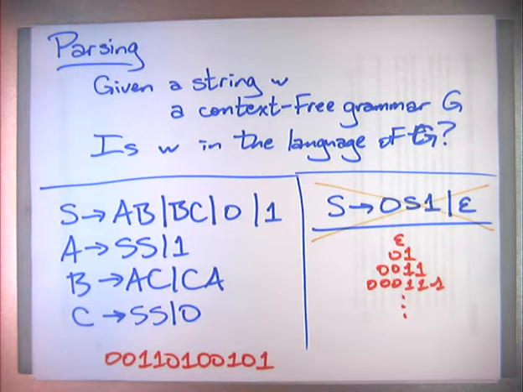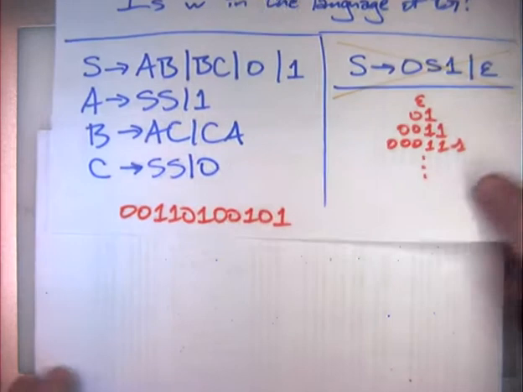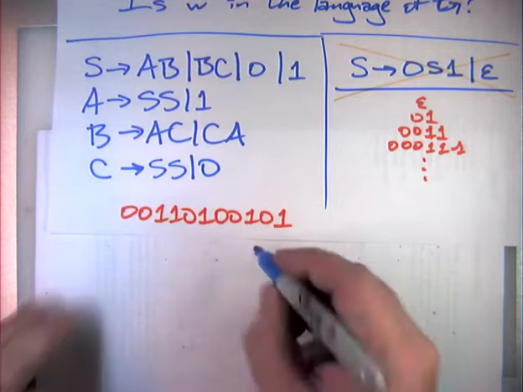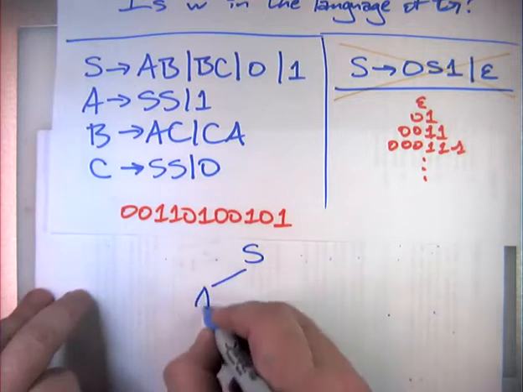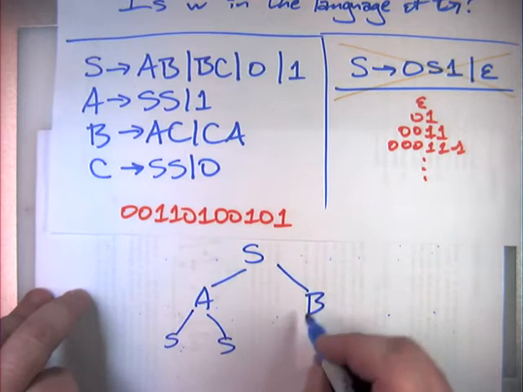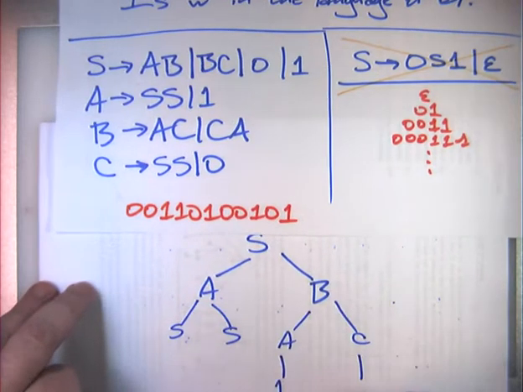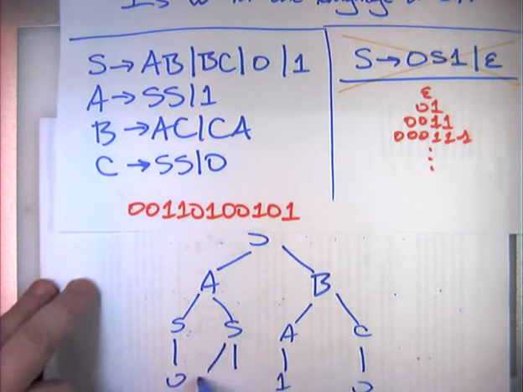And the reason that I want there to be no epsilon productions is that in that case, if I decide, maybe I'll do something like this.